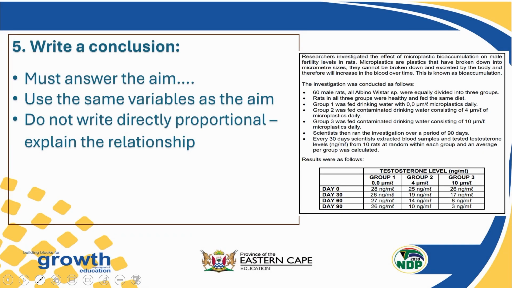Question 5 now. Write a conclusion. Okay, this one is often asked in our exams, and often learners are getting it wrong because they are using the wrong wording. Remember that your conclusion must always answer your aim. In other words, your conclusion must have the same words, the same variables that are mentioned in your aim.